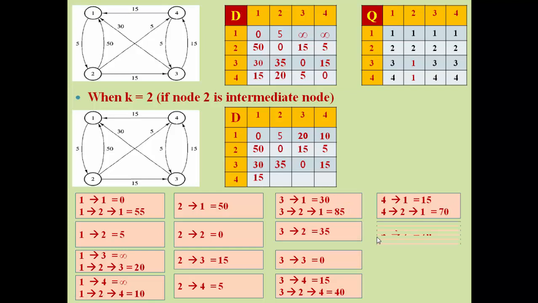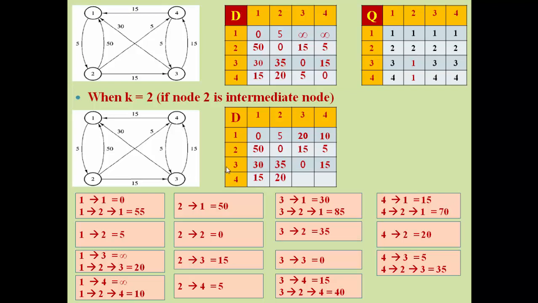Now 4 to 2, when we reach from 4 to 2 and our 2 is the intermediate node, so 4 to 2 is equal to 20. So 20 is the answer, and we have to fill 20 inside the matrix. Then reach from 4 to 3. At that time the direct path from 4 to 3 is equal to 5.